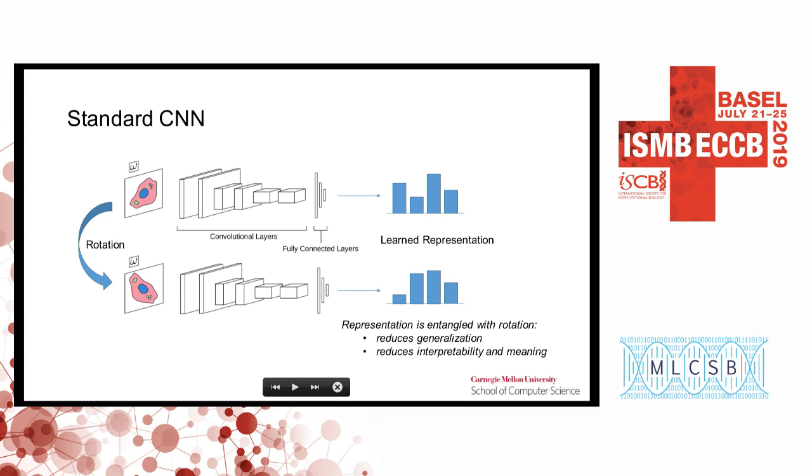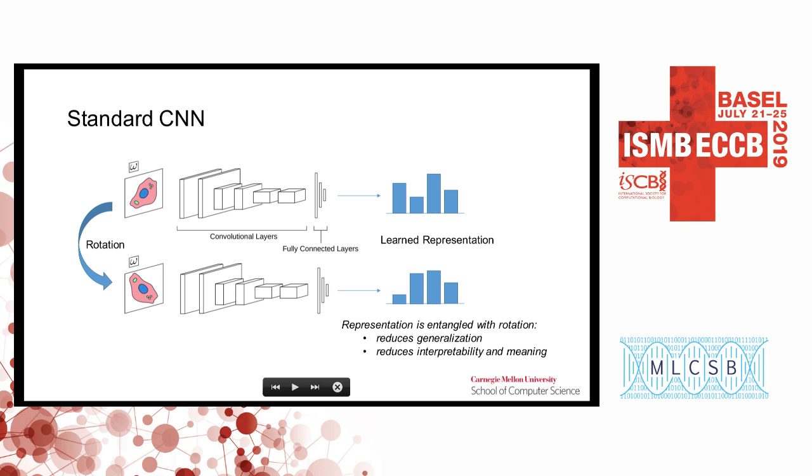However, if I take the image of the cell and I rotate it and pass it through the same trained network, in general, we have no guarantees on how the rotation will be manifested in this space. It could be that it's entangled with the learned variables, which means that I can't separate meaningful biological variation from variation due to rotation. So this reduces the generalization of the network. It also reduces our ability to interpret any meaning in what these variables represent.